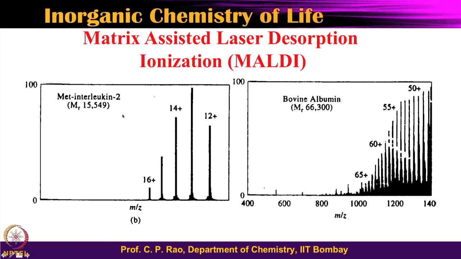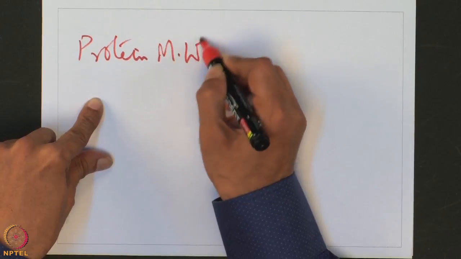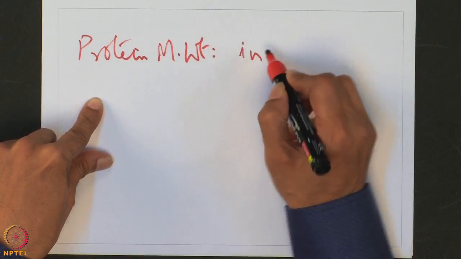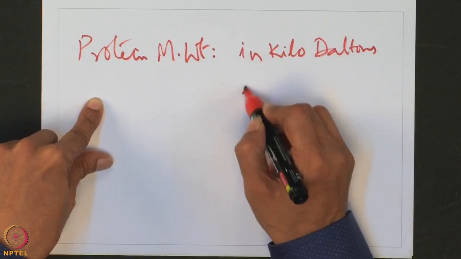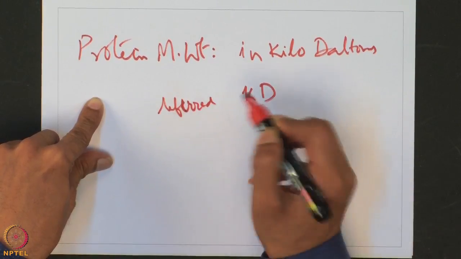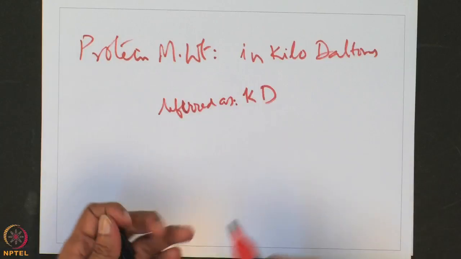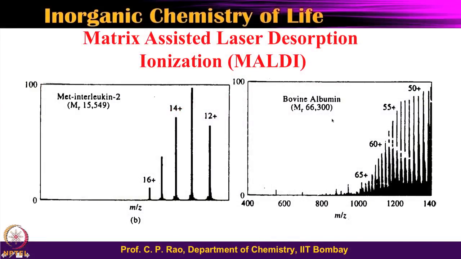So, protein molecular weights are generally in kilodaltons, referred to as kD. So, you will have 5 kD, 10 kD, 50 kD, 100 kD, 200 kD. There are proteins of all these.